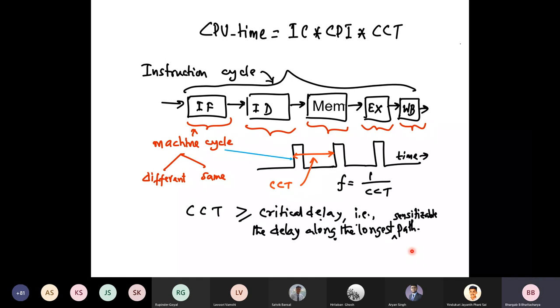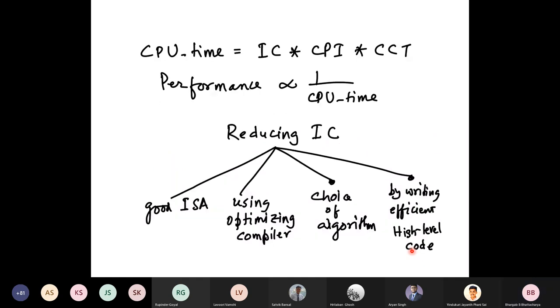All right. So let us look into this fundamental equation. Once again, you have IC times CPI times CCT, performance inversely proportional to the CPU time. Let us see how you can reduce the value of instruction count.